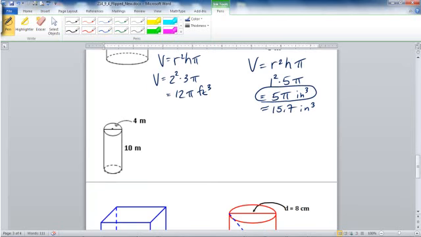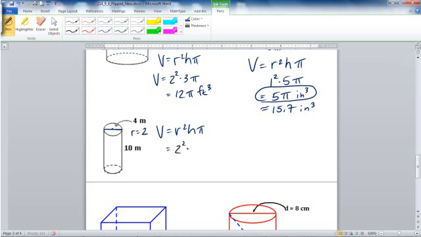Now be very careful. On this one, still my formula, r squared h pi. But this time, this refers to the whole diameter right here. So a lot of times, we've done many problems with just the radius, so we assume that the radius is 4. Make sure you pay attention. My diameter is 4, so my radius is 2.